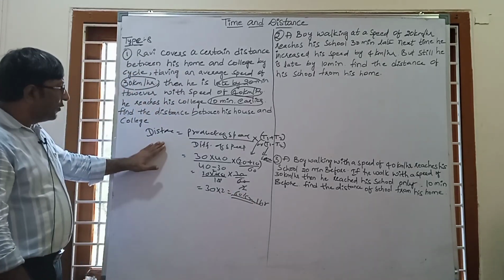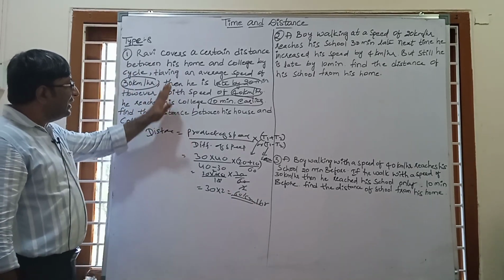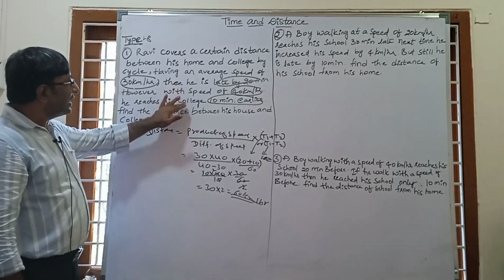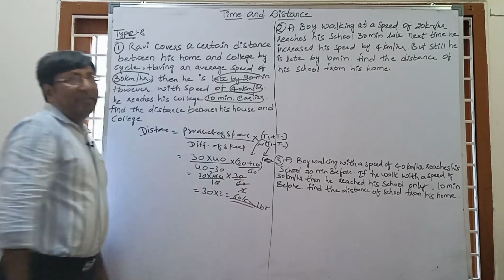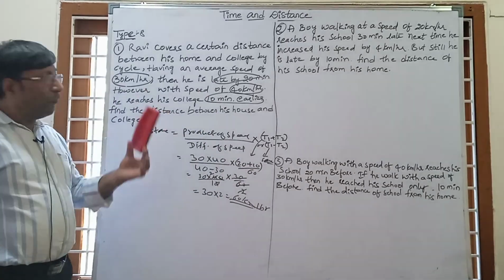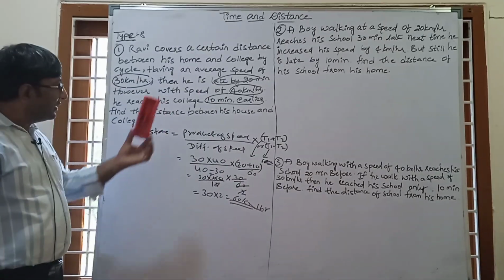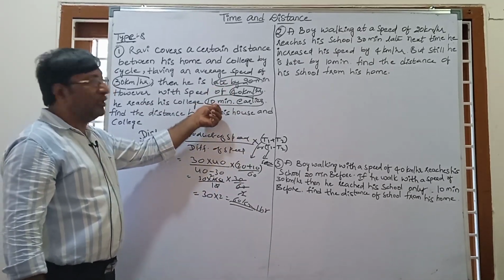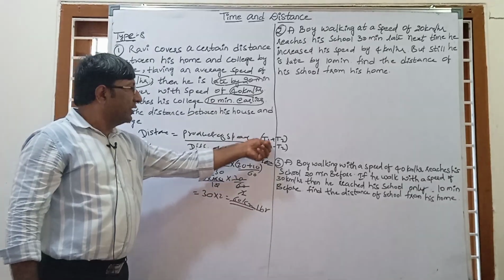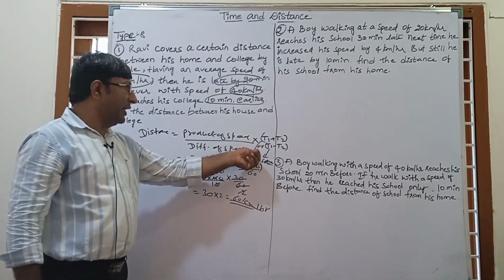In this type of question, three types of questions are asked: late and late, early and early, and one late and other early. In this question, there is late by 20 minutes and early by 10 minutes, so there is T1 plus T2, that is the sum of given times.